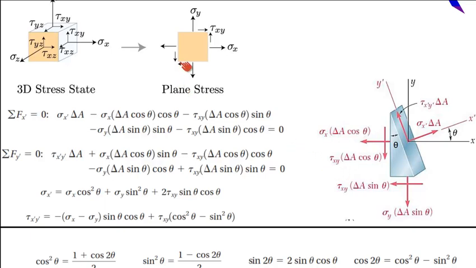Similarly, we multiplied the shear component tau xy with the corresponding area delta A cos theta, which makes it the force in the y direction. Similarly, we converted the stresses into force by multiplying delta A sin theta to sigma y and tau xy.